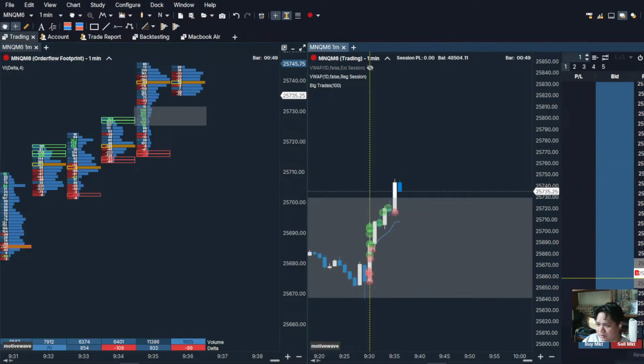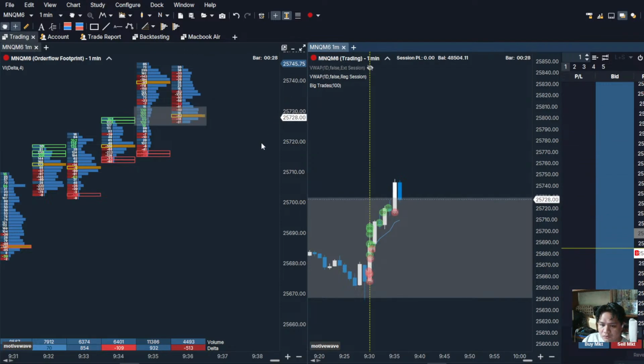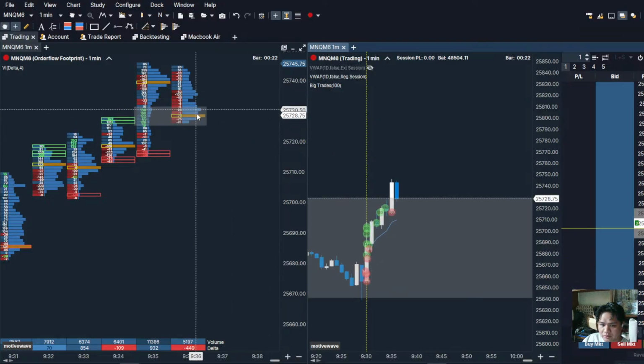Just realized I didn't turn off the thing when I'm hovering over it. Okay, we're now at the 31s.